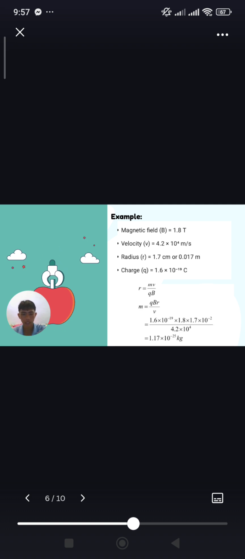So m is equal to 1.6 times 10 to the power of negative 19 times 1.8 times 0.017 over the velocity, which is 4.2 times 10 to the power of 4. So we get the answer 1.17 times 10 to the power of negative 25 kilogram.